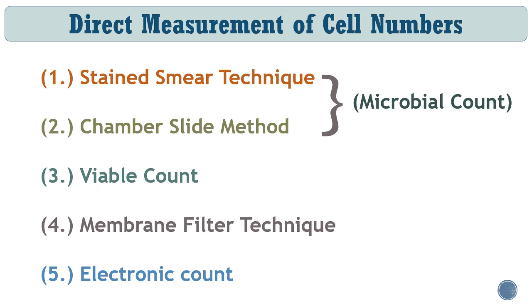In viable counts we already know the pour plate method and streak plate method, so they are included in viable count, and the membrane filter technique is also included in viable count. The last one is electronic count. We are going to study each one in detail.